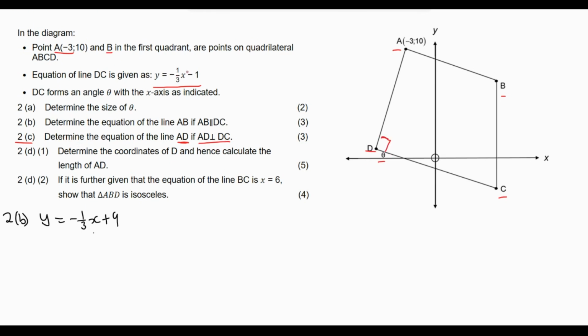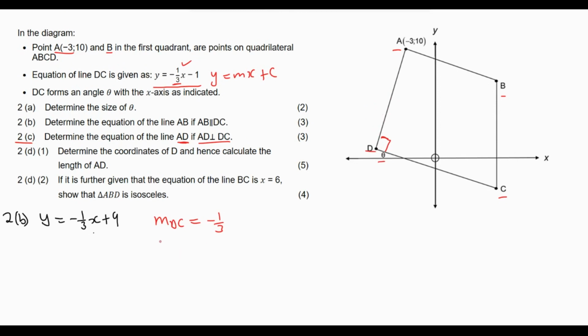We have the gradient of DC from the equation. This is y is equal to mx plus c. So it means the gradient of DC is equal to -1/3 from the coefficient of x there. And then if the lines are perpendicular to each other, then their gradients are negative reciprocals of each other.